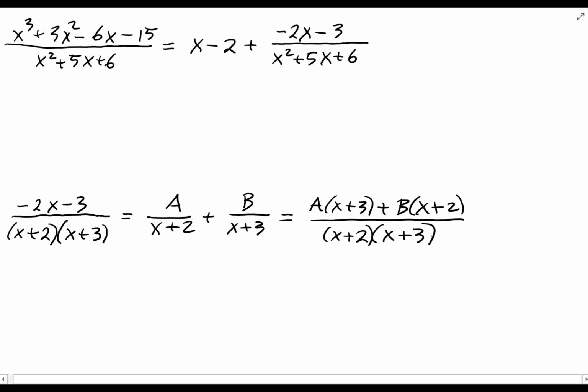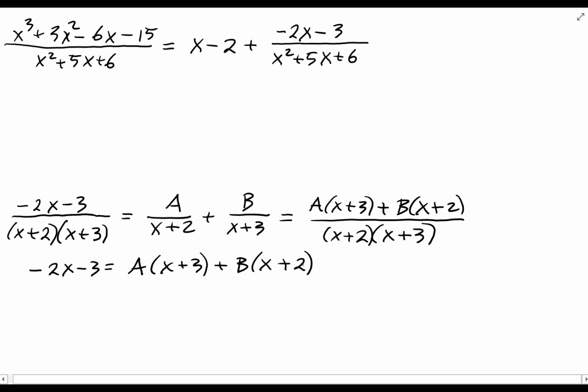Then we set the numerators equal. Negative 2x minus 3 equals a times x plus 3 plus b times x plus 2.